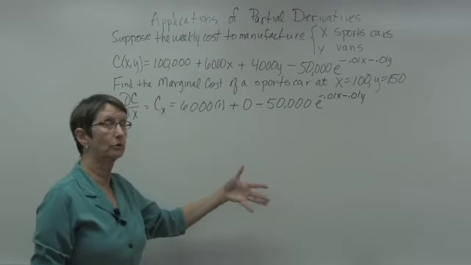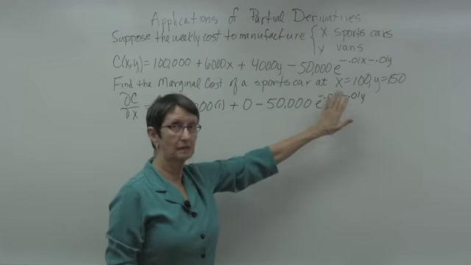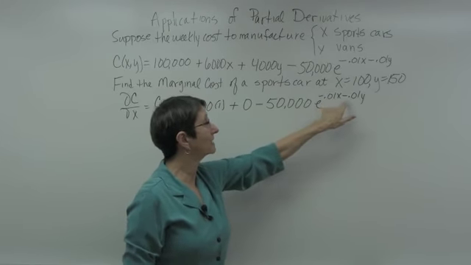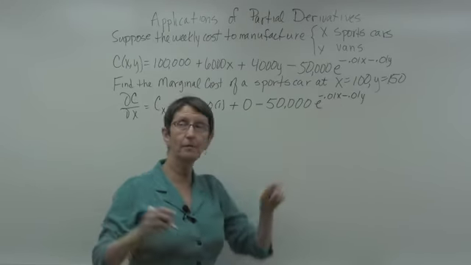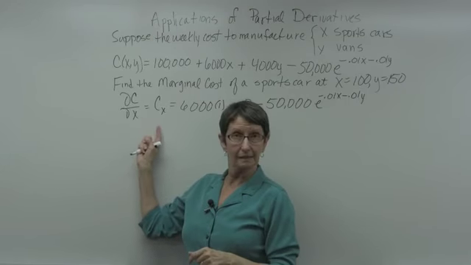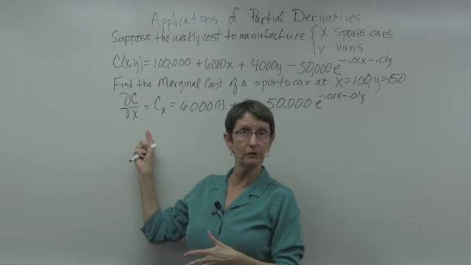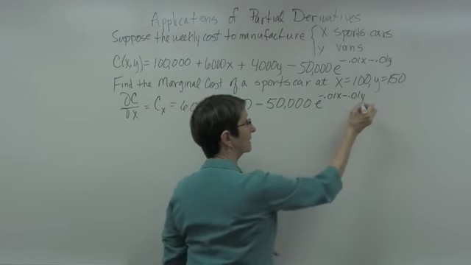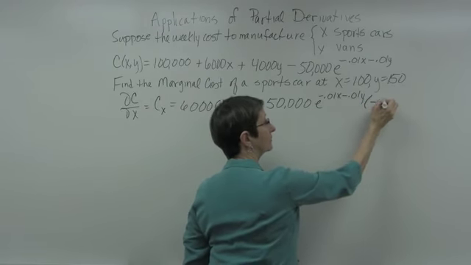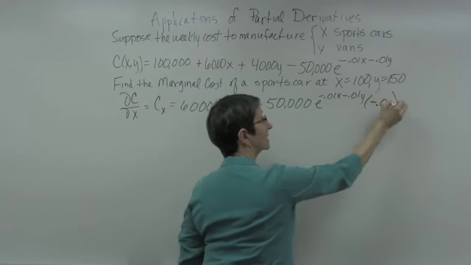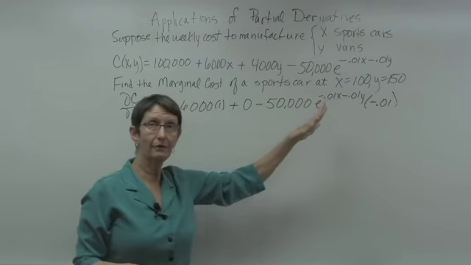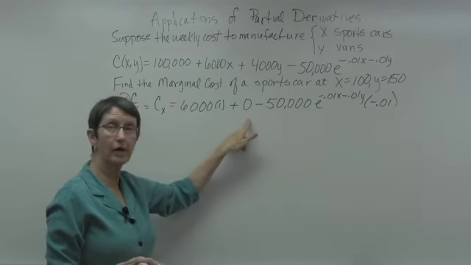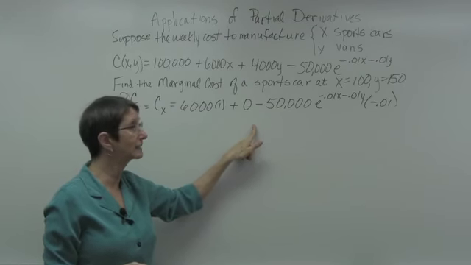But because of the chain rule, since it's not just one variable, I have to take the derivative of the exponent. Now remember, this is with respect to x. So the variable I have to take the derivative with respect to is the x. The derivative of x here would be negative 0.01, and this whole second part is another just y. There's no x in there, so it goes to 0 like our previous term with just a y did.